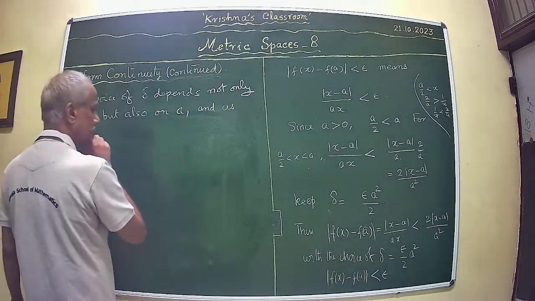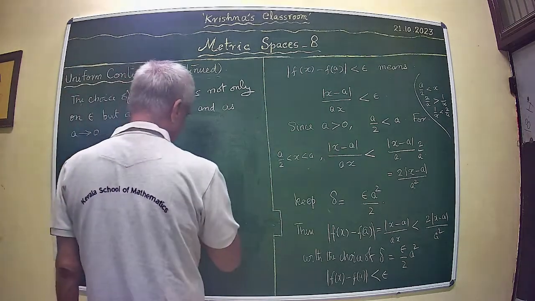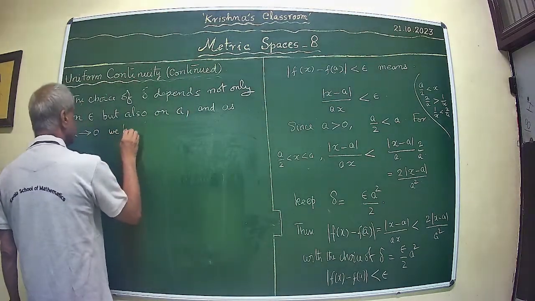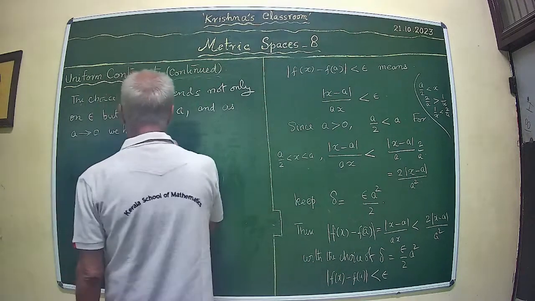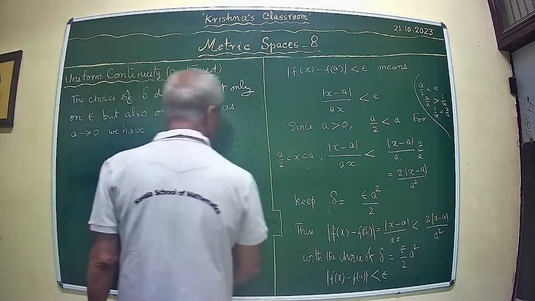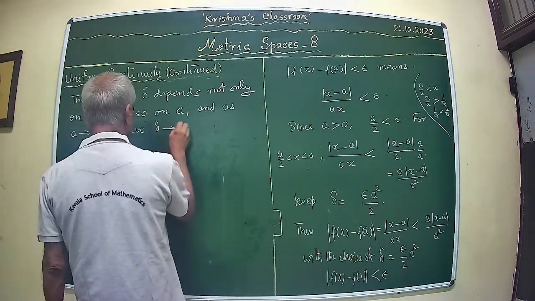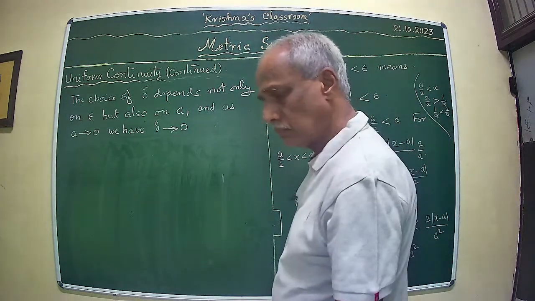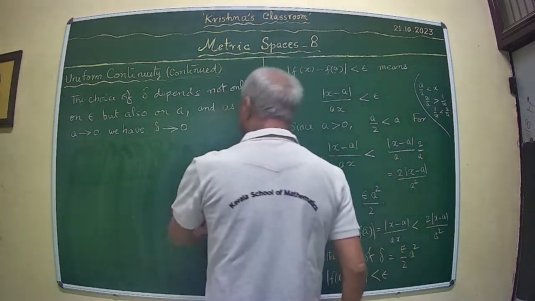These are all qualitative observations: as a goes to 0, we have delta going to 0, delta also goes to 0.